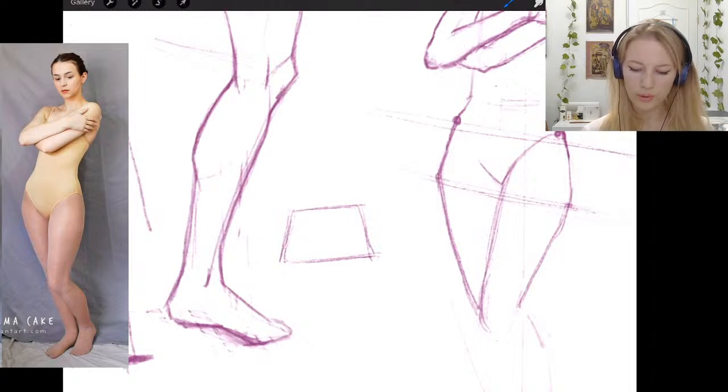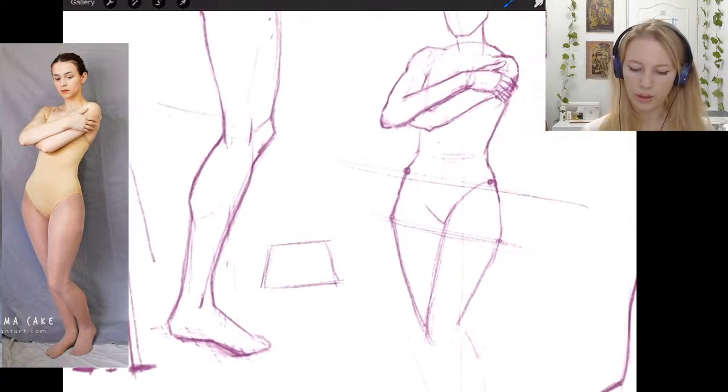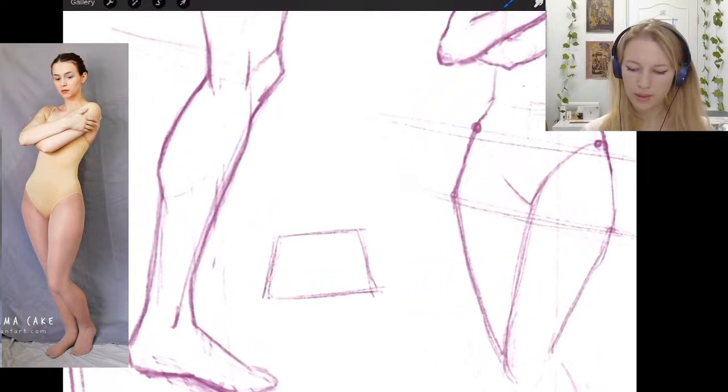So I don't see the reason to draw the actual pelvis here. And I'm talking not only about the pelvis, but pelvis plus hips. The pelvis itself goes somewhere like this, very approximately. It looks kind of like a butterfly actually.